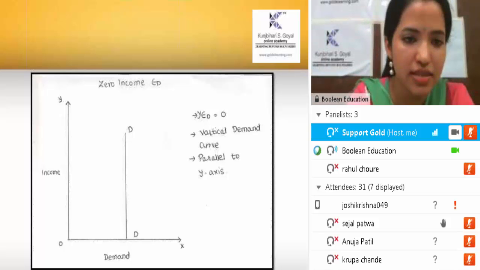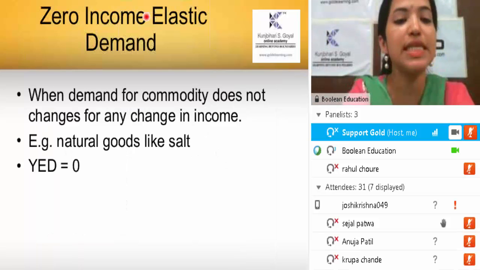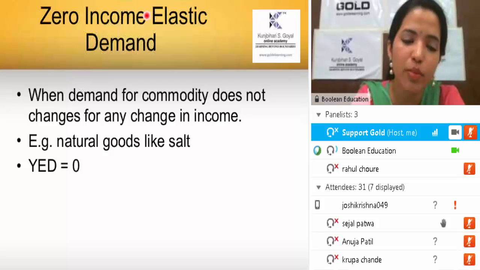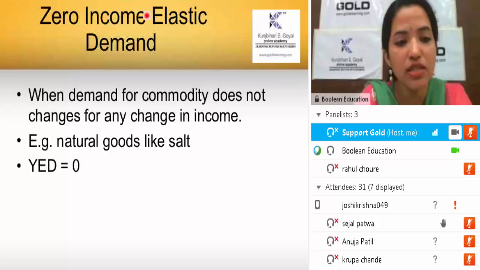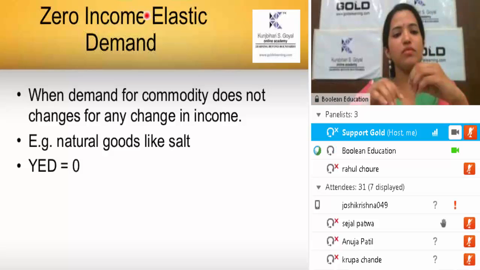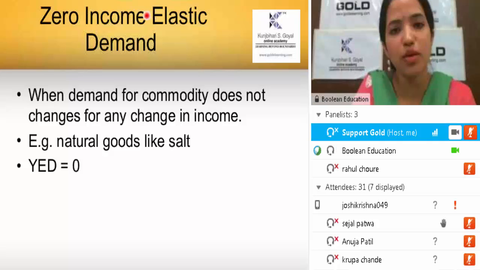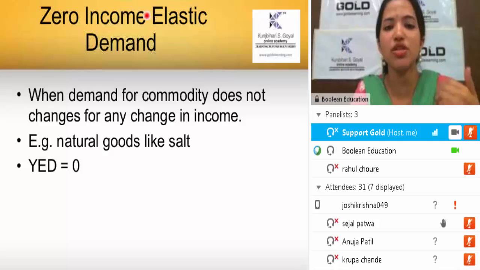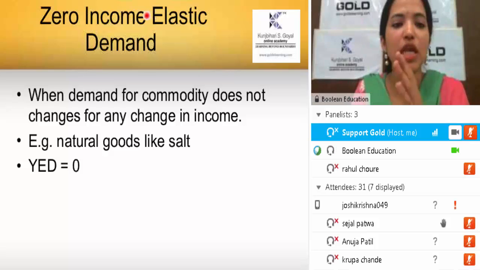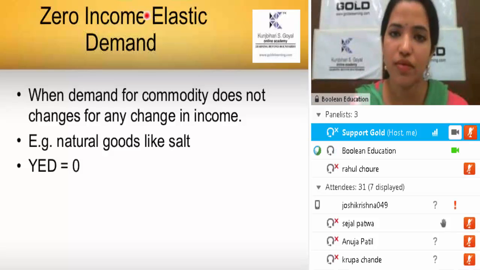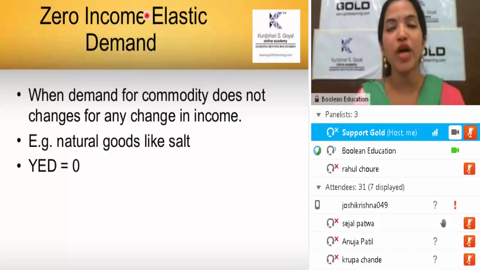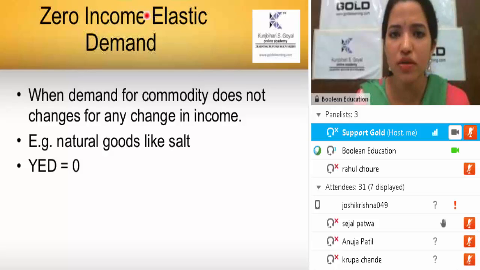Zero income elasticity of demand. First we saw negative, now we will see zero income elasticity. When demand for a commodity does not change for any change in income, meaning your demand is not changing at all, that will be known as zero income elasticity. Natural goods like salt, again you can use salt as an example. Your income increased a lot, the rich people, do they consume more salt?